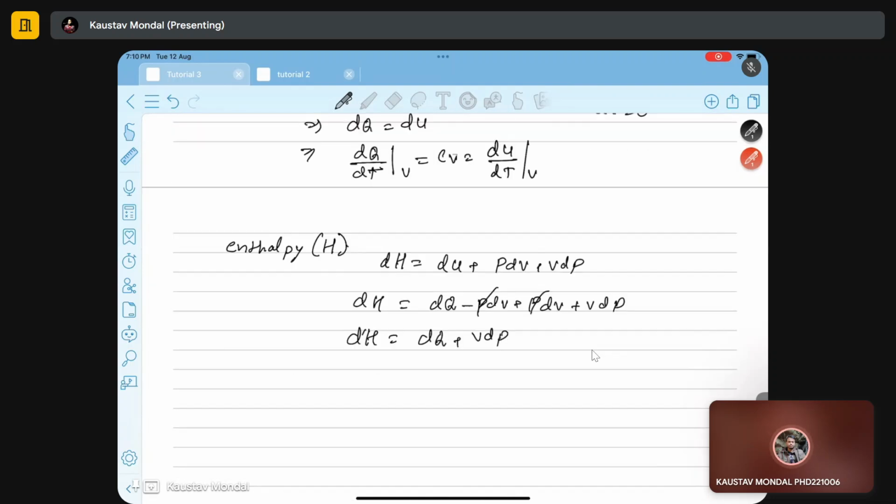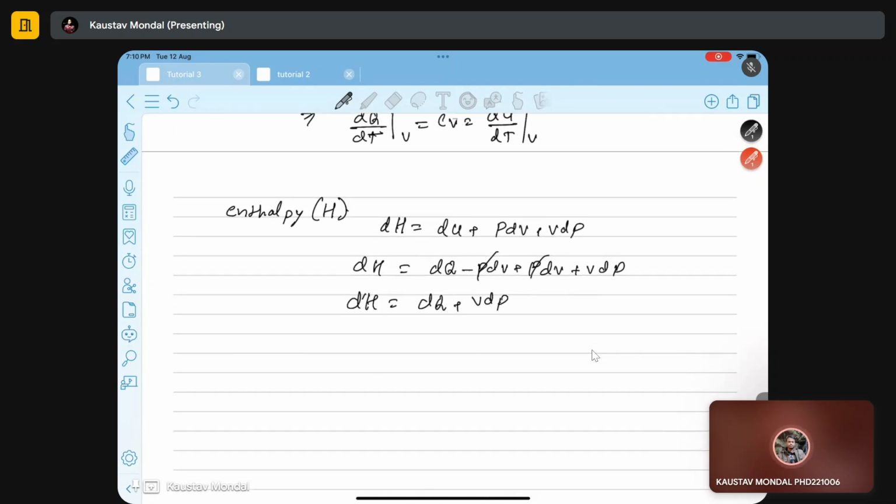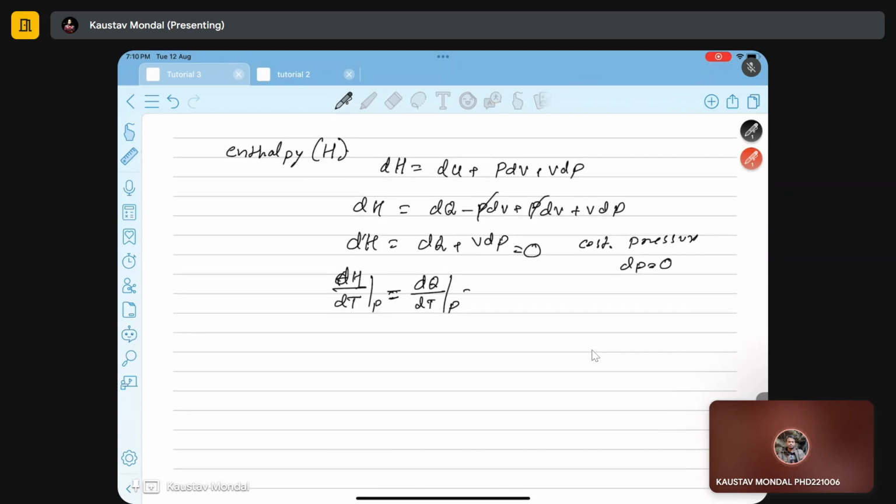Now if we do this at constant pressure, so we want to calculate the heat capacity at constant pressure, right? At constant pressure dp is equal to 0, so dH/dT at constant p will be equal to dq/dT at constant p. This term will become 0. This is simply the Cp.